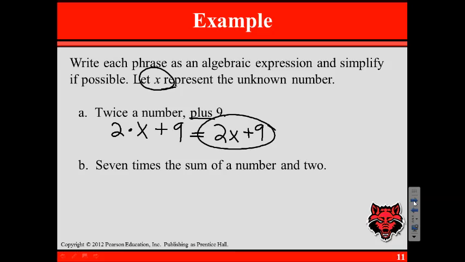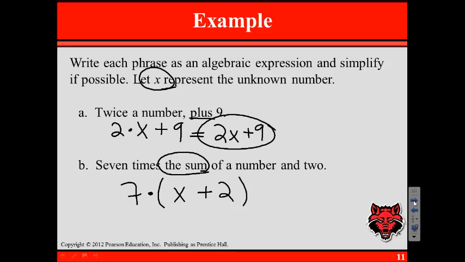Let's look at the next expression. 7 times, so 7 times. Now whenever we see this phrase, the sum of, the difference of, and that's being multiplied by a number, we want to trap that sum or that difference in a set of parentheses. So 7 times the sum, you might also see the difference in certain scenarios, the sum of a number and 2. Now remember, sum means addition. We want to add a number and 2, but we must put this in parentheses.